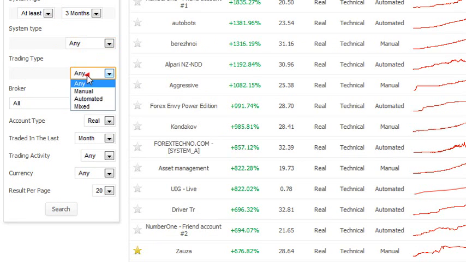Trading type, manual, automated, or mixed. I'm going to pick manual, and here's why. I like looking at systems. I develop systems that are traded manually. The system could have very defined parameters on when to enter, exit, and what leverage you're going to trade, but I like to have a live person, a real trader, making the decisions and actually making the clicks and entering the orders.